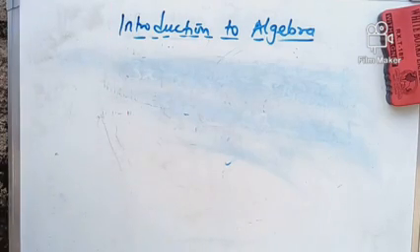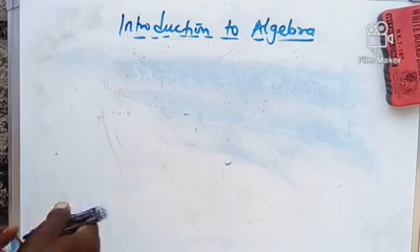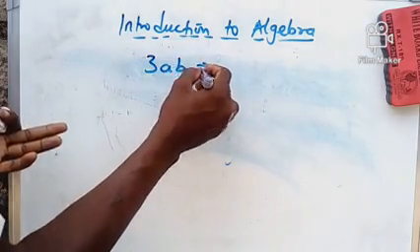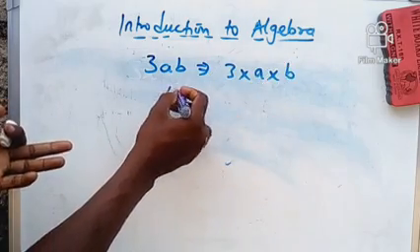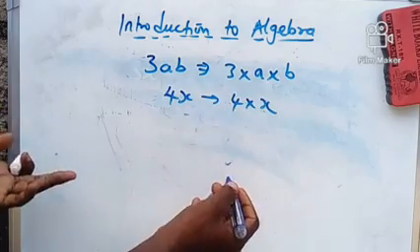Now that's been done. The next example we're going to look into is what we call collection of like terms. What do we mean by like terms? In mathematics, when you see 3ab, it simply means 3 multiplied by a multiplied by b. If you have 4x, 4x simply means 4 multiplied by what? x.